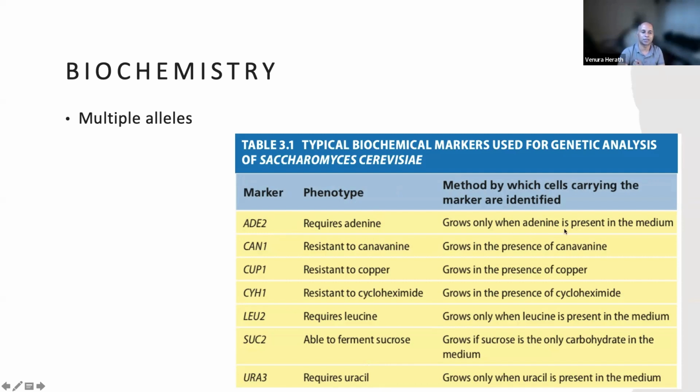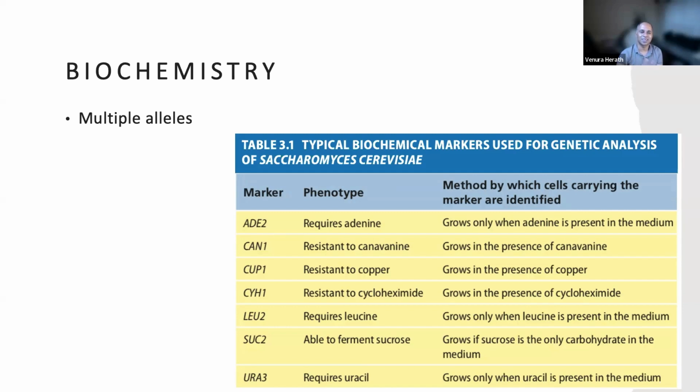That's a biochemical character, right? And then the same for the CAN1. And there are many different examples you can see. So basically, you're altering the medium in order to check specific phenotypes, and you will be surprised sometimes. They found there are more than 500 different variations of a character.